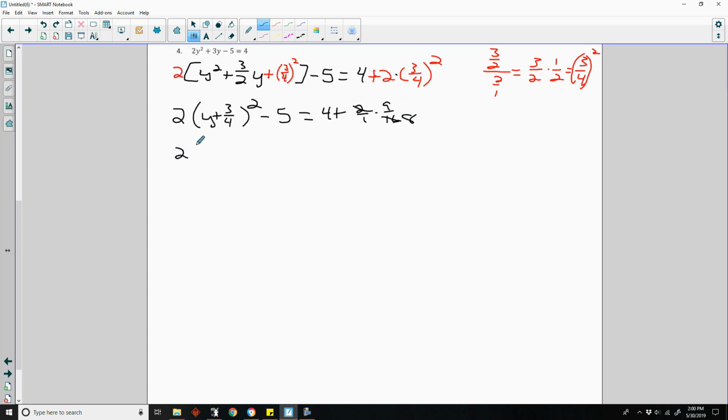So I have 2 y plus 3/4 squared minus 5 equals. So now I have 4, but I need a denominator of 8. So 32 over 8 is 4, plus 9 over 8.